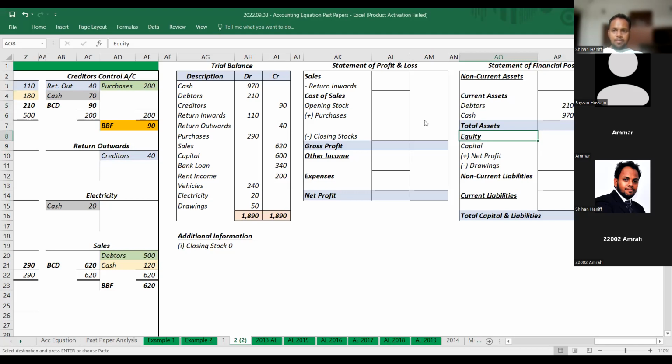Then creditors 90, current liabilities. Return inwards will be deducted from sales. Then return outwards will be deducted from purchases.